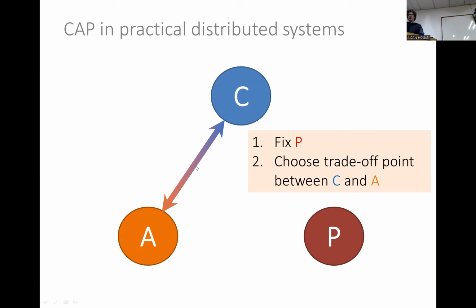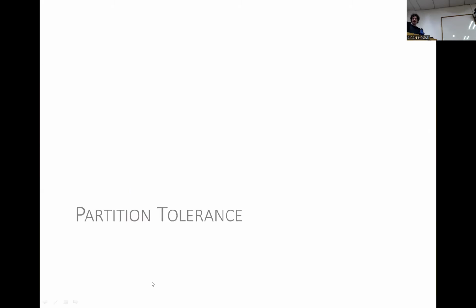We could choose something in the middle that is sort of available, sort of consistent, or something more strongly consistent, or something more strongly available. So we have this classic trade-off between consistency, always giving the correct, precise answer, versus availability, responding to all requests, even if we respond in a way that's not entirely consistent or up to date.